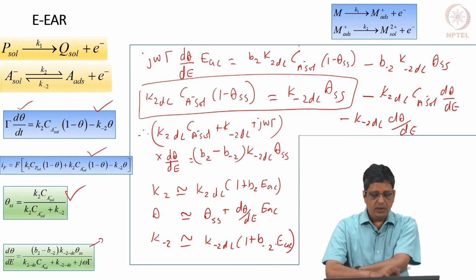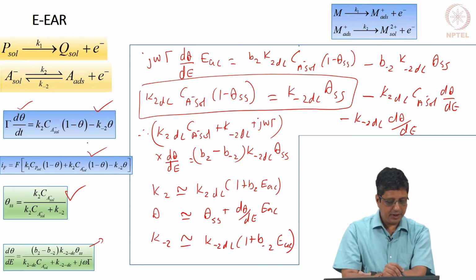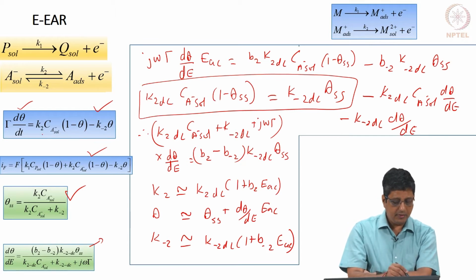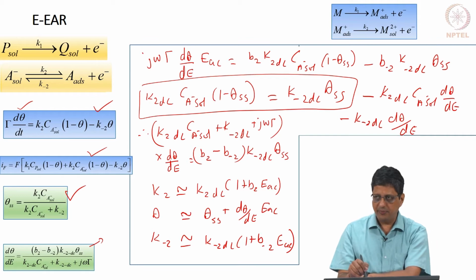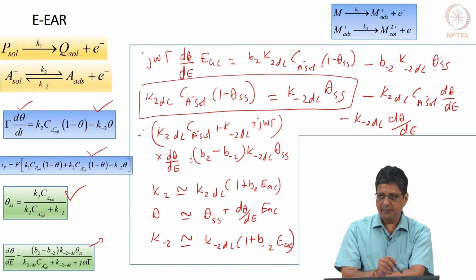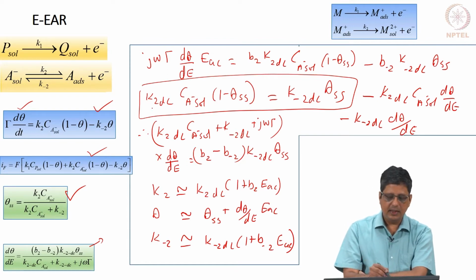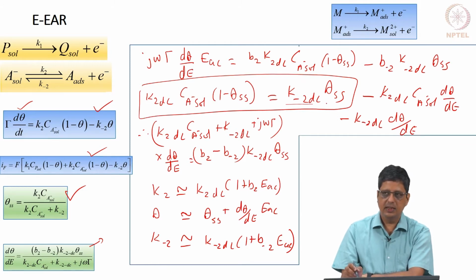So, what we need to do is to substitute for K2, theta and K minus 2 in that equation. This equation, right hand side, left hand side we have written it, right hand side we should substitute this and then multiply the terms there, then recognize that K2 DC, 1 minus theta SS is equal to K minus 2 DC theta SS.